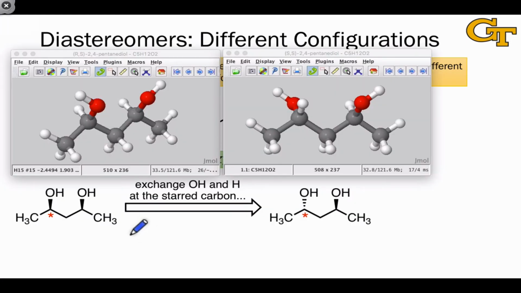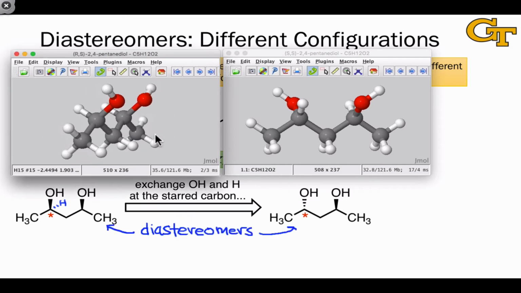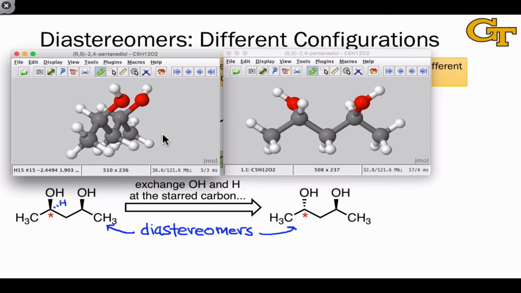Here's another example of diastereomerism involving only tetrahedral stereocenters. If we exchange the hydroxyl group and implied hydrogen on a dash at the starred carbon, we end up with a molecule that is a diastereomer of the original. They're not mirror images, and we can verify this by lining up the molecules to try to make them mirror images.